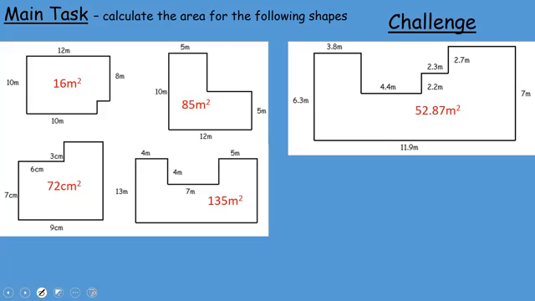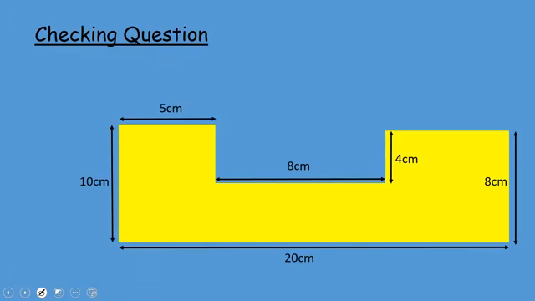Okay, so side heading now, checking question. Look at this here. I'm going to break that up into 3 this time, with 2 vertical lines. So A, I don't need to know any more information about. B, I can see the width, but I don't know what the height is.